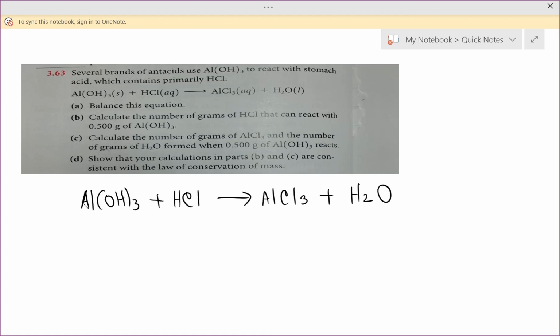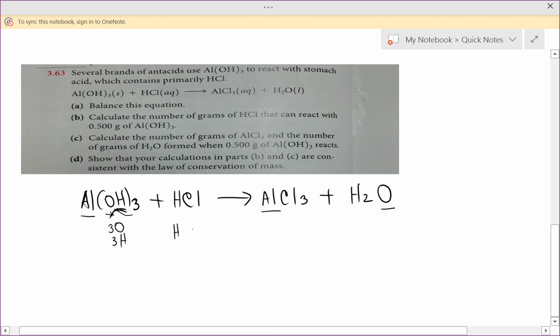So we see on here that we have one aluminum on this side, and 3 oxygens, because remember that this number right here multiplies whatever we have inside the parentheses. So 3 oxygens on here and 3 hydrogens on this side too. 1 hydrogen on this side and chlorine.